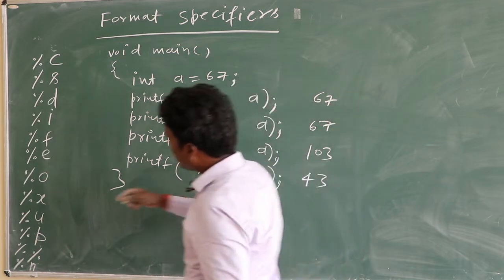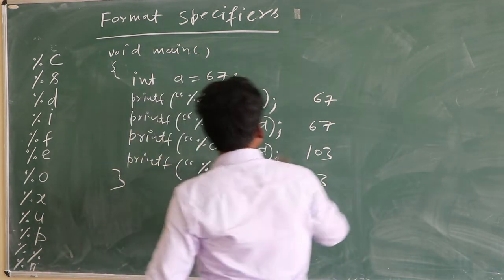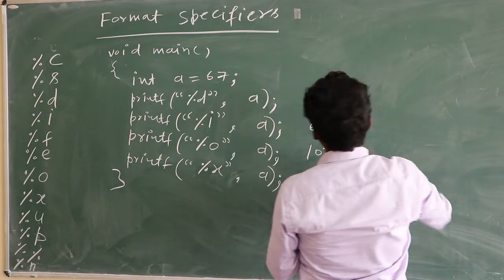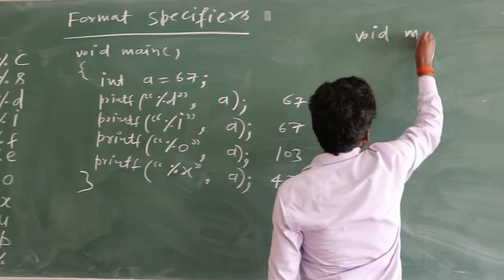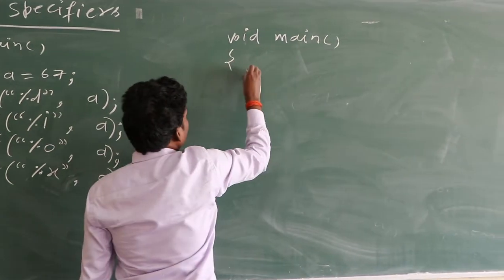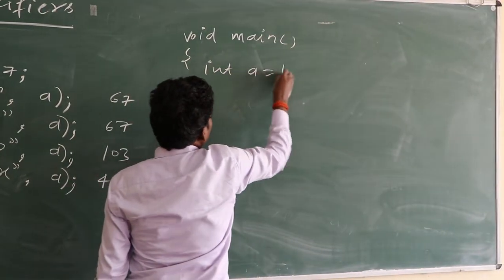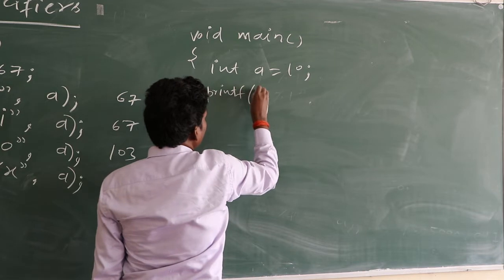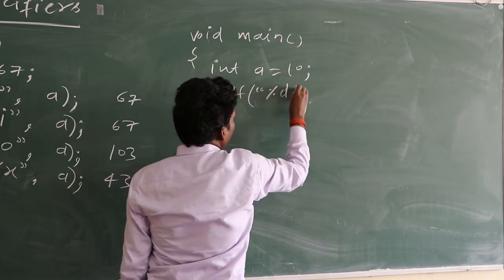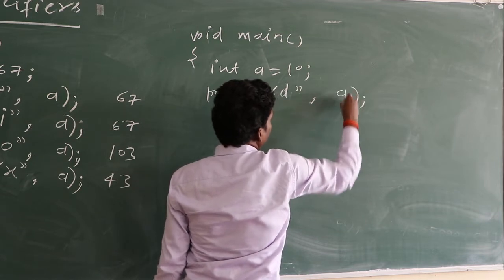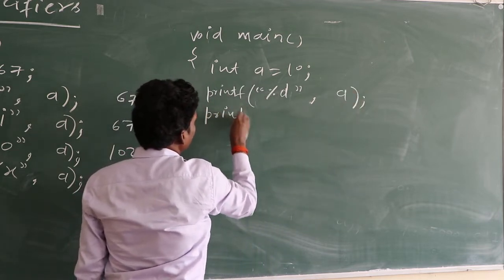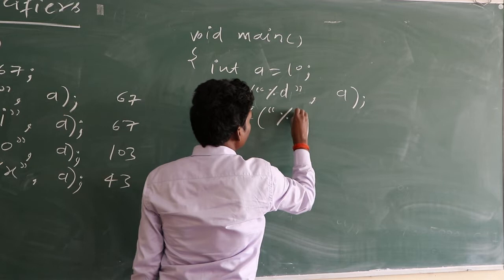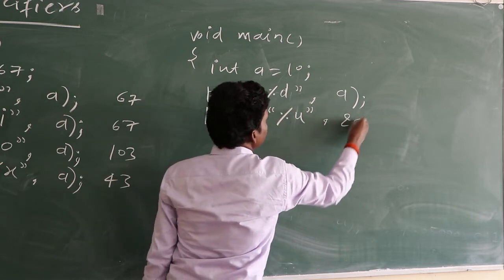Now the application of %u, %p. Void main, int a equal to 10. Printf %d, a. Printf %u, &a.